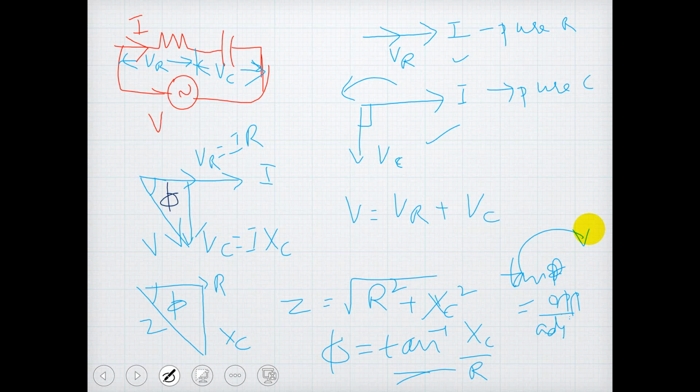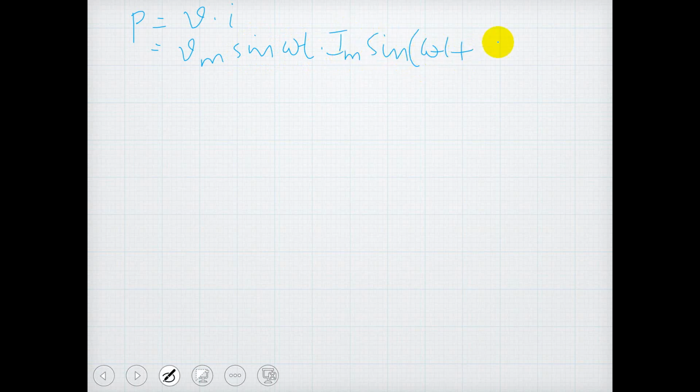So now let us derive the instantaneous power for this particular RC circuit. The instantaneous power is given by P is equal to V into I. So when you substitute, we know V is equal to Vm sine omega t into Im sine of omega t plus phi.